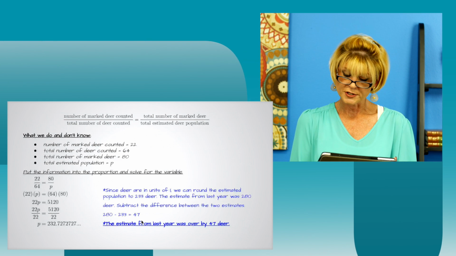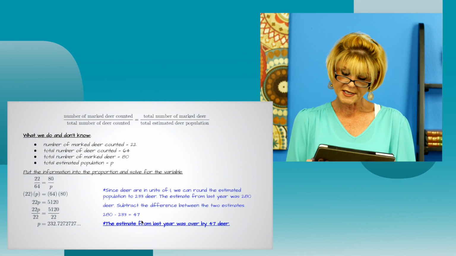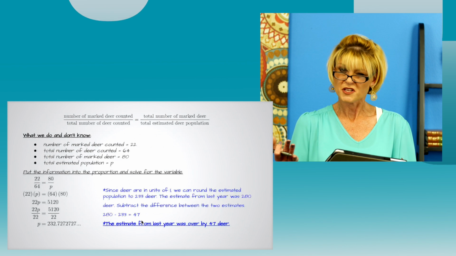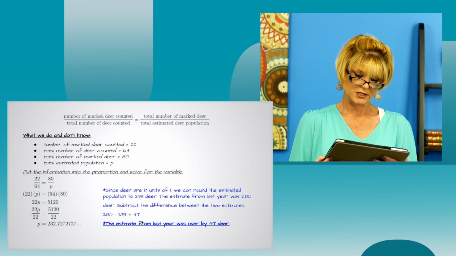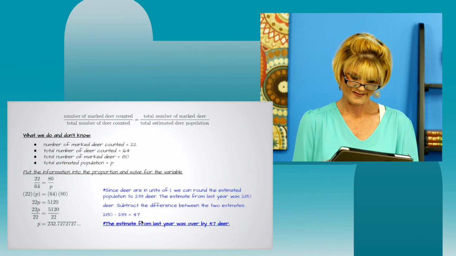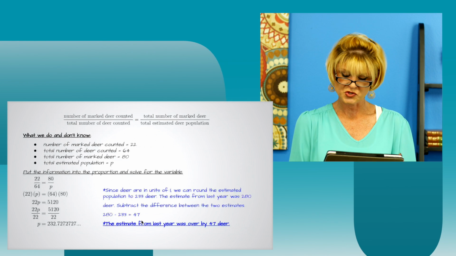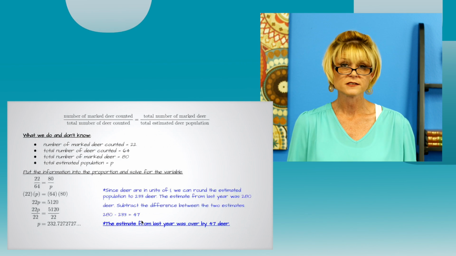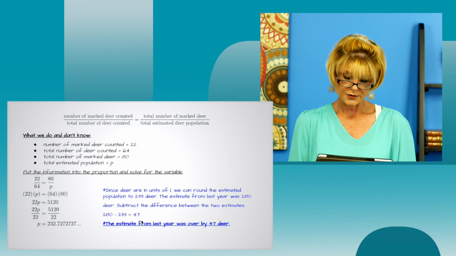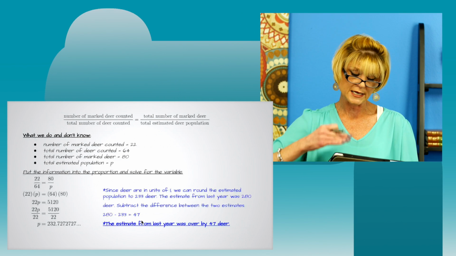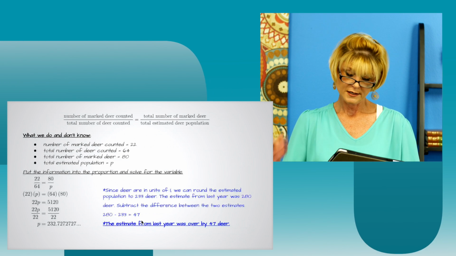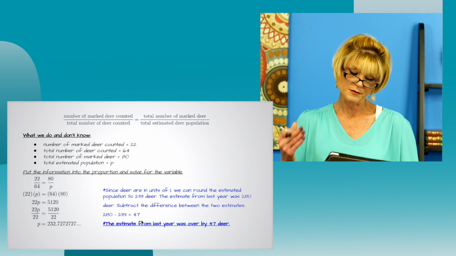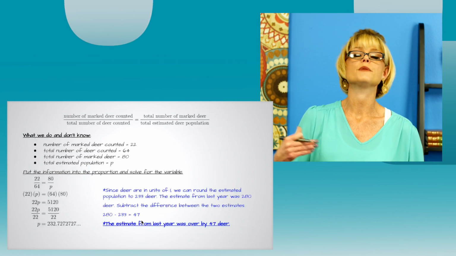Since deer are in units of 1, we can round the estimated population to 233 deer. You can't really have a 0.72 deer. The estimate from last year was 280 deer, so we just subtract the difference between the two estimates to solve this problem. So we take 280 minus 233 equals 47. So the estimate from last year was over by 47 deer.